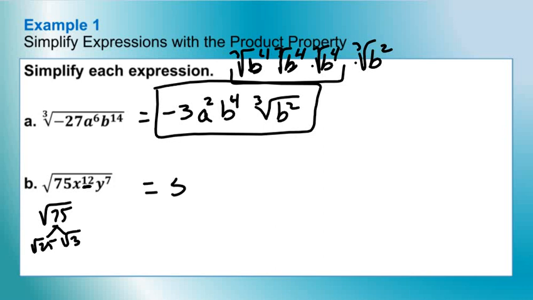I would have 5 and then the square root of 3. The square root of x to the 12th is x to the 6th on the outside. And for y to the 7th, I can have y to the 3rd, and then I would have one y left over. So my answer would be 5 times x to the 6th y cubed times the square root of 3y.